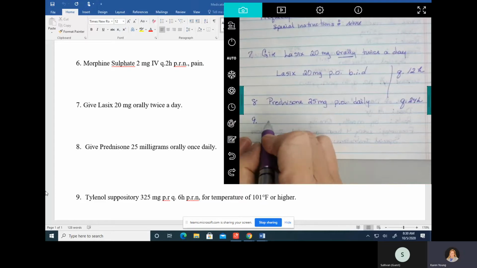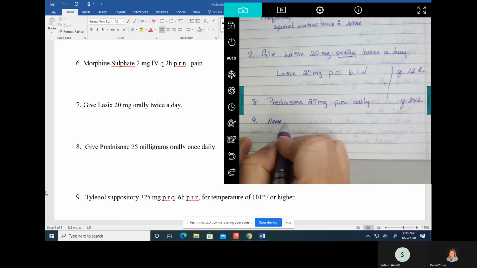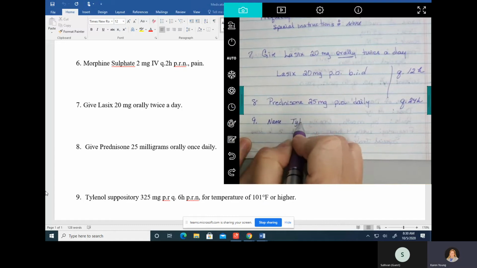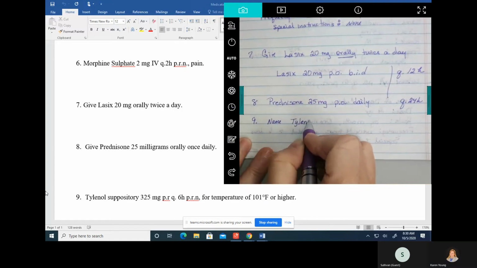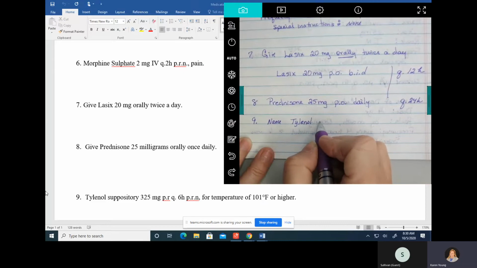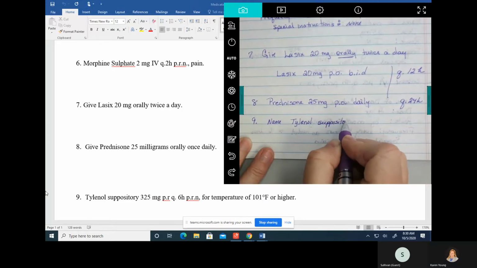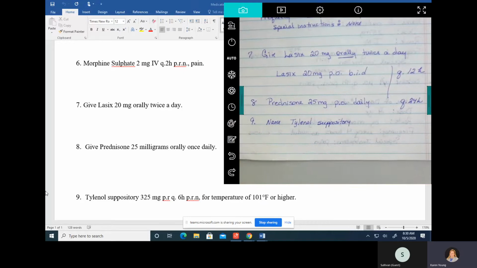So the name on this one would be Tylenol. And I would actually, for my purposes, put suppository. Because you want to make sure that they do know that you are giving a suppository there.